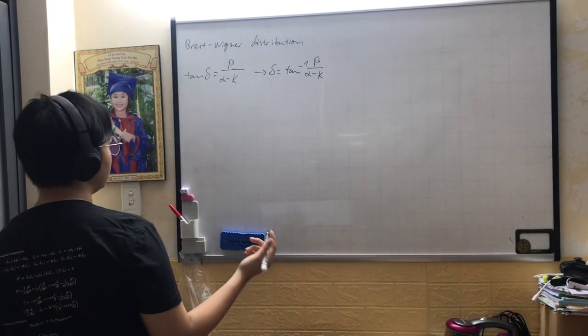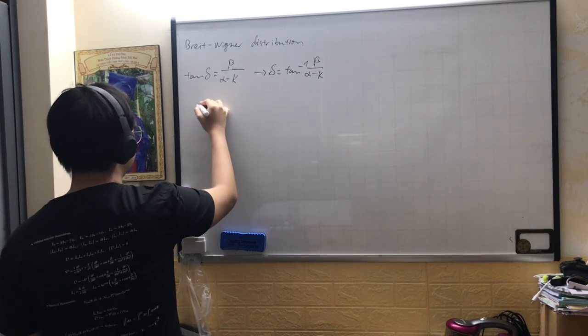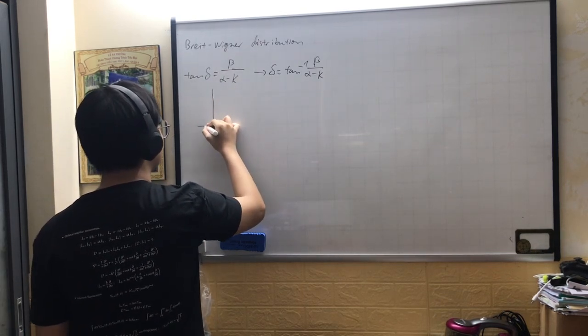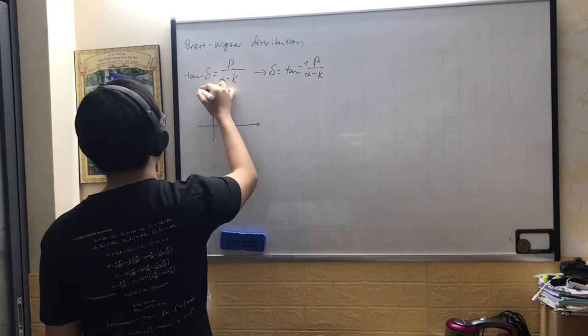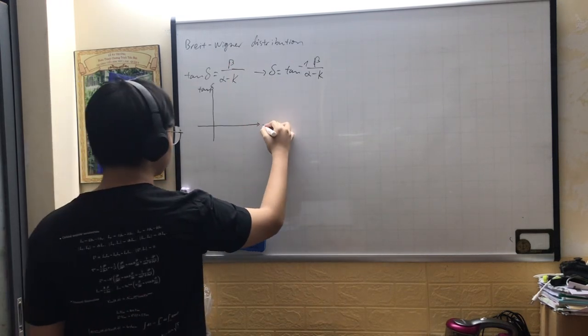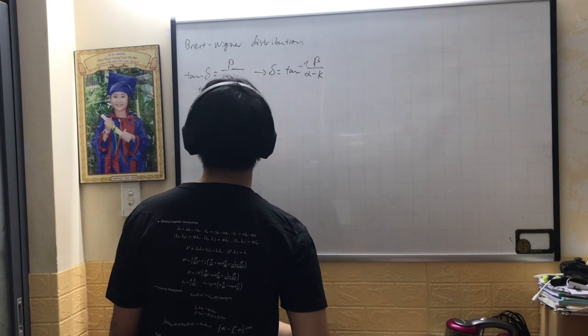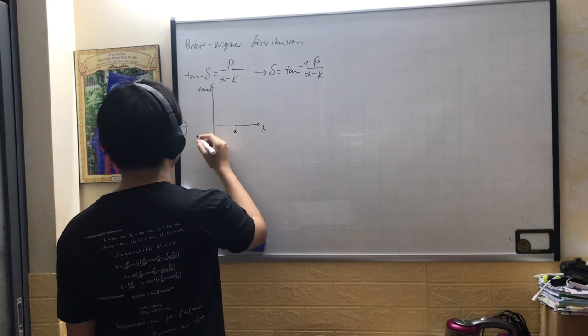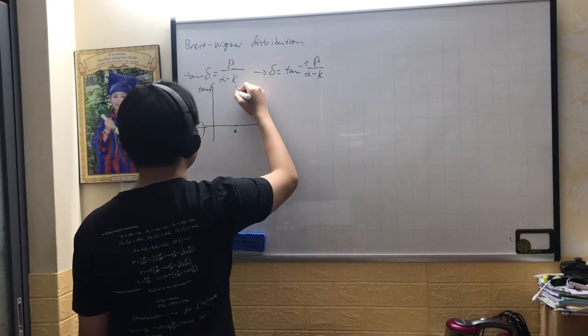All right, so now if you want to graph it, it would be this. So first, for your tangent delta, this would be k, as we are in the k space. This would look something like this. Be around the point alpha, you draw a line.